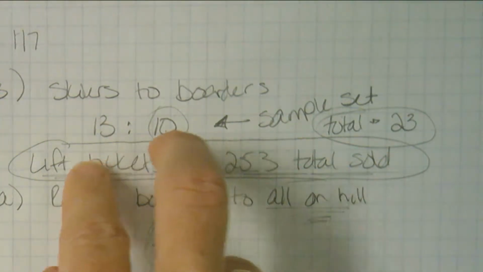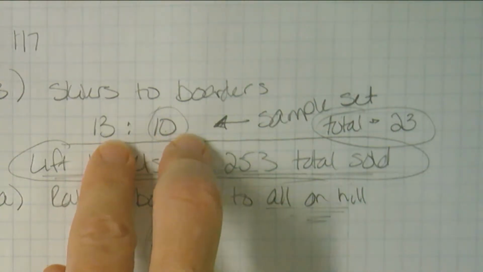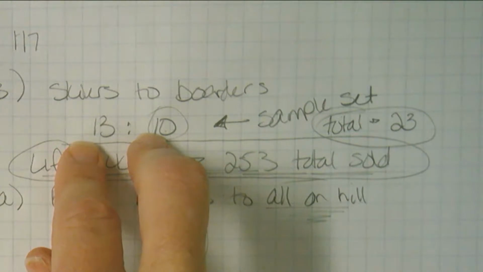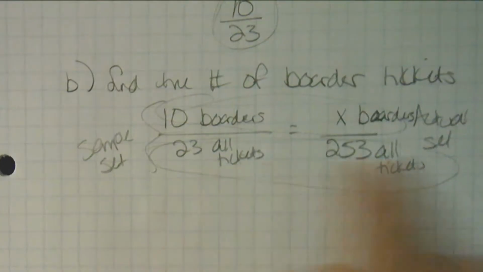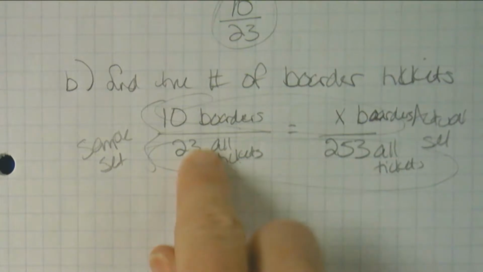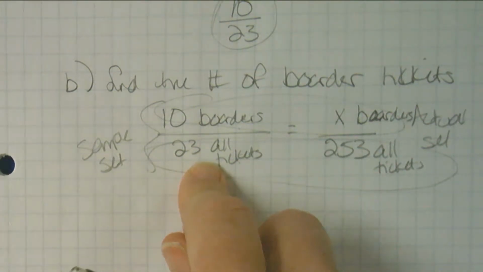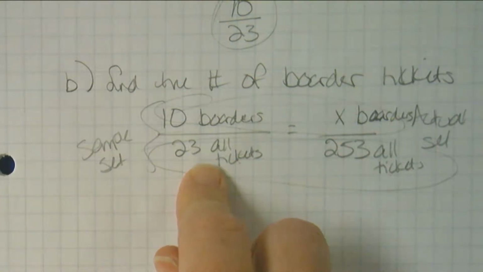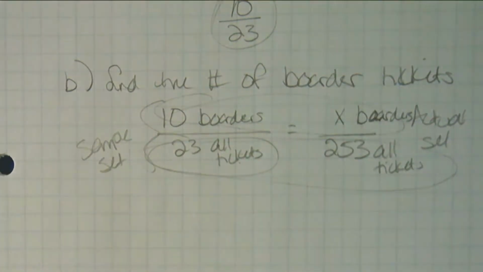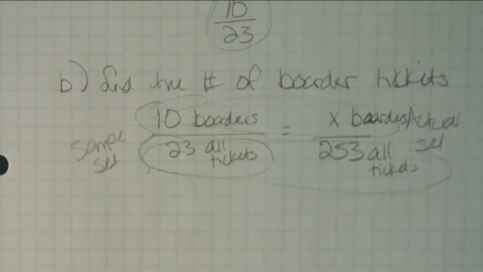If you paid attention and put units on there, and you used this directly, you would have known something was wrong, because I needed to deal with total number of tickets. So when you wrote boarders to total number of tickets, you should have been like, oh, wait a second, I can't just use that 13 to 10. I need to rethink what I have to use here because I need total number of tickets. So using units on these is a good thing.